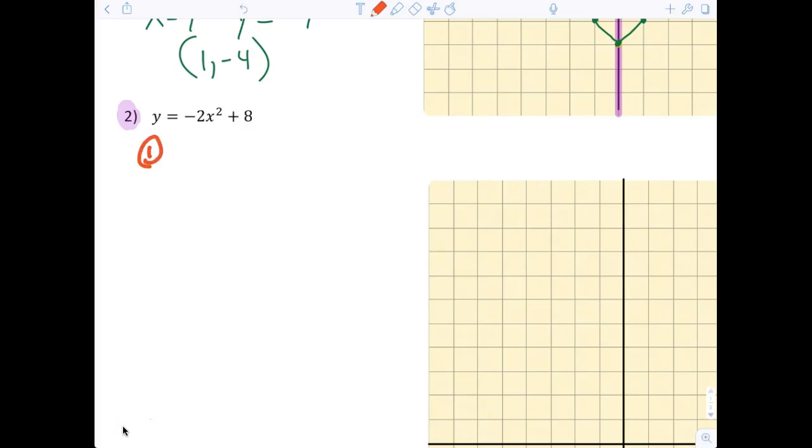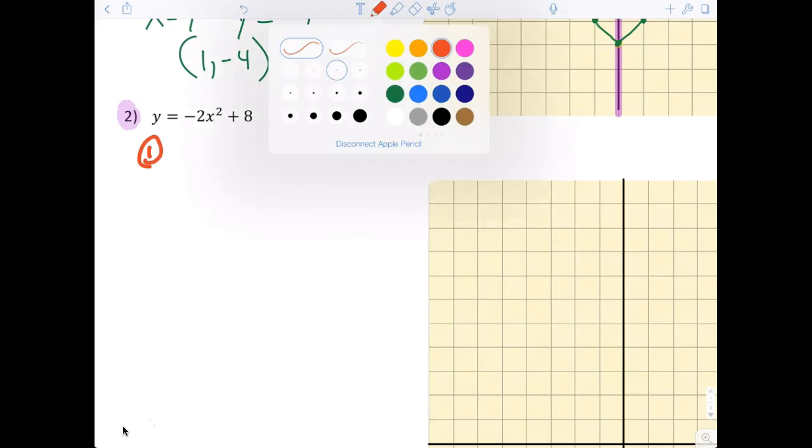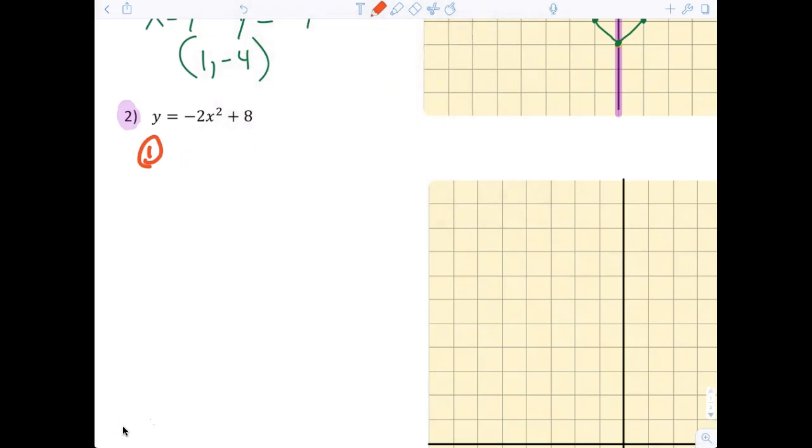Number 1, we say that the axis of symmetry, x equals negative b over 2a, is just 0. So far, so good? If the axis of symmetry is 0, now we're looking for the vertex. Let me slide this over, because I still want you to label it axis of symmetry. And then I want the vertex.